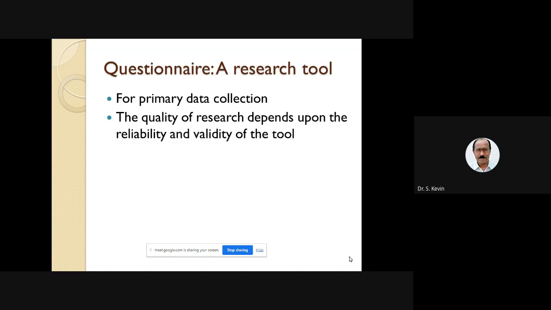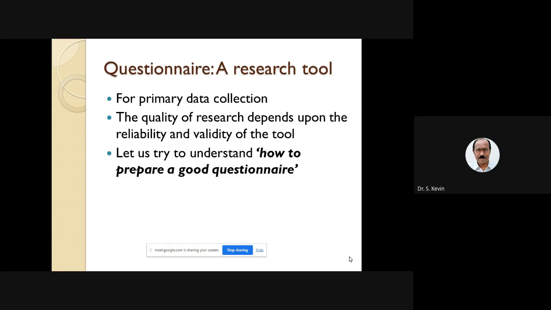We have a research problem. We need the correct, true, reliable data. So the quality of the data is very important, and if you want high quality data, the questionnaire should be correctly designed. So that is the importance of the questionnaire.